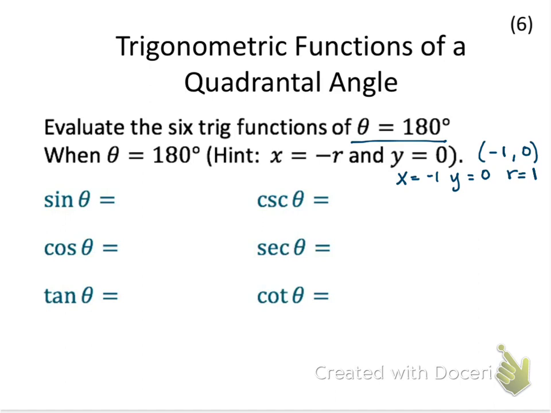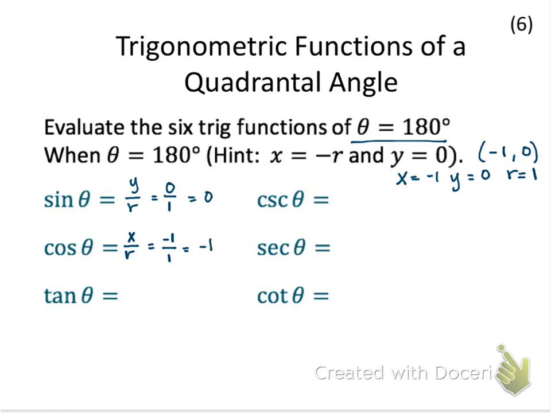When we were finding sine, we noted earlier in problem 2 that sine was our y value divided by our r value. So in this case, we would have 0 divided by 1, which is just 0. Our cosine was our x value divided by our r value, which in this case is negative 1 divided by 1, which will equal negative 1.